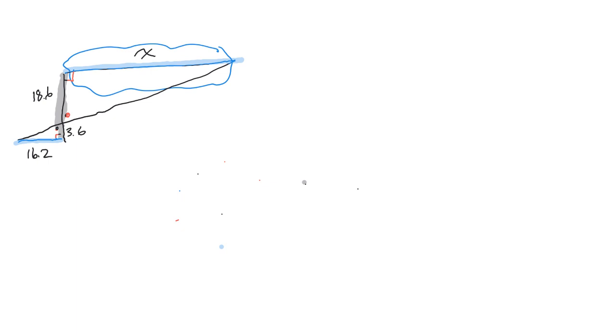So now, here we go. Let's set up our ratios. Because we're looking for the bigger side, my ratio is going to be big over small side. I'm looking for X, and then its corresponding side, 16.2, and that's going to equal the other side that's missing.